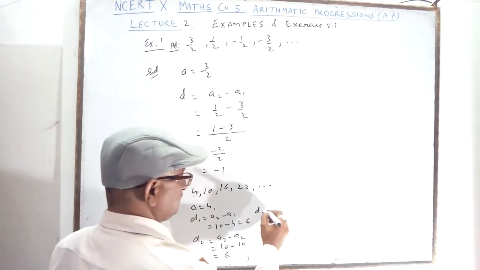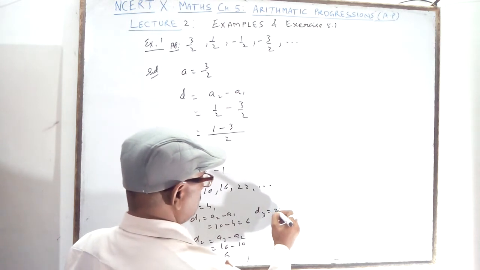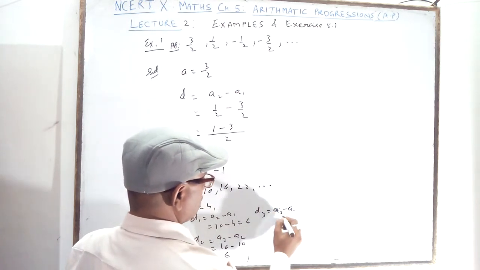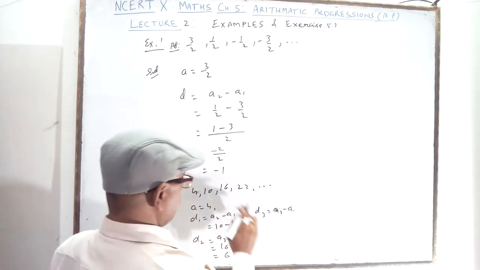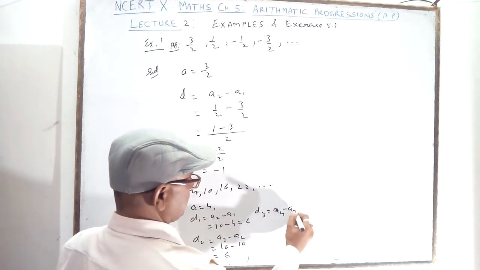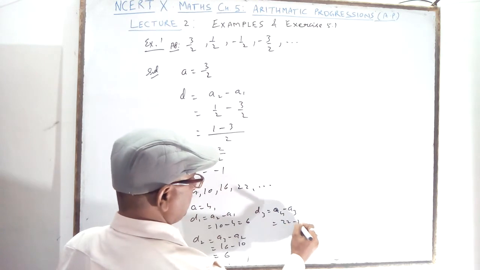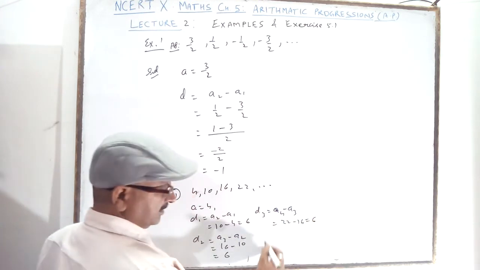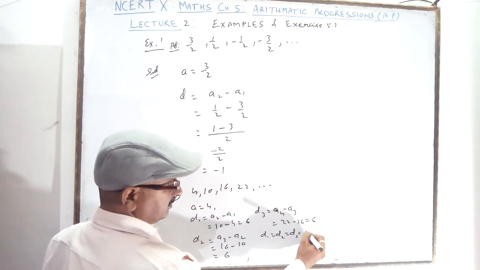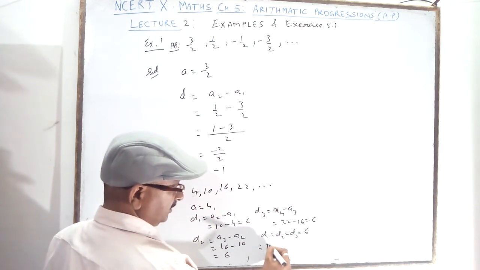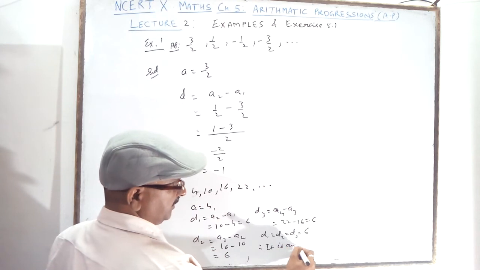D3 is A4 minus A3. What is A4? 22 minus 16, again you are getting 6. So D1 is equal to D2 is equal to D3 is equal to 6. So it is an AP.